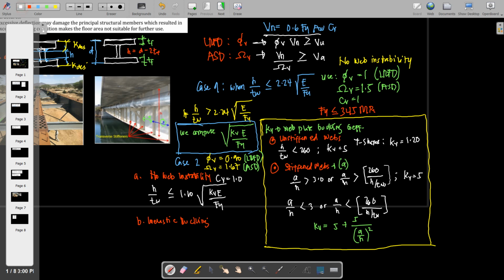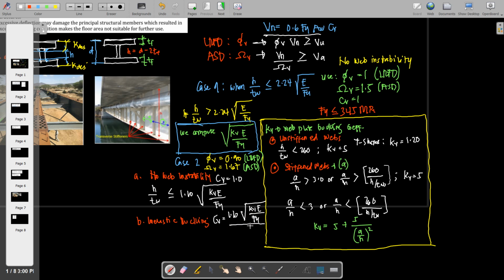Wherein in here, we take CV is equal to 1.1 square root of this expression, KV times E all over Fy, right?